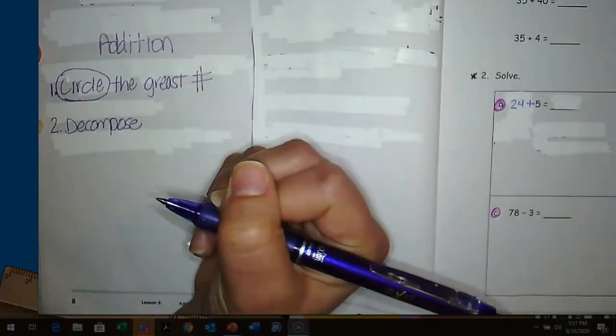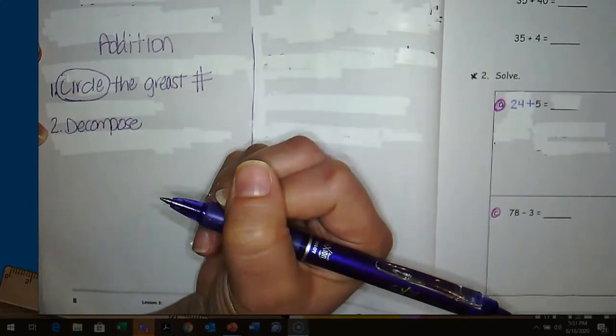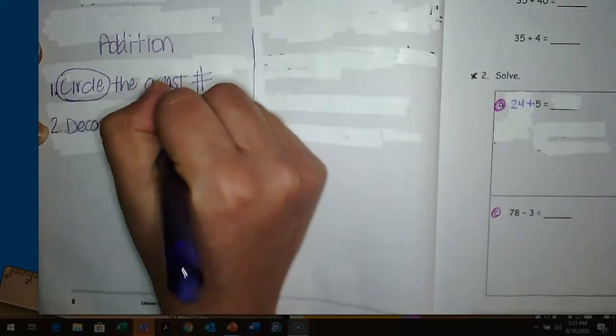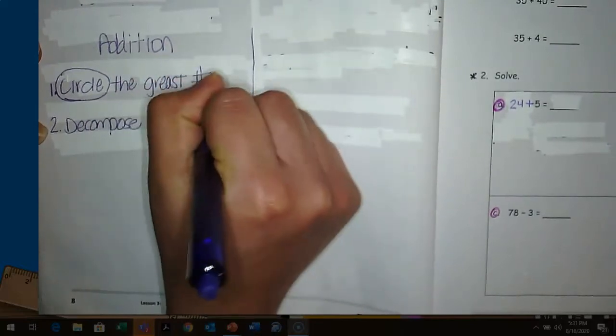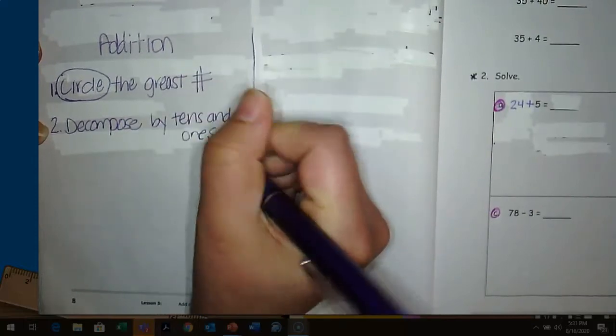The second step I do is I decompose by tens and ones. That's by units. And I'm going to put it like this so you can remember that decompose means I break it apart like that. The third step is that I add the tens.